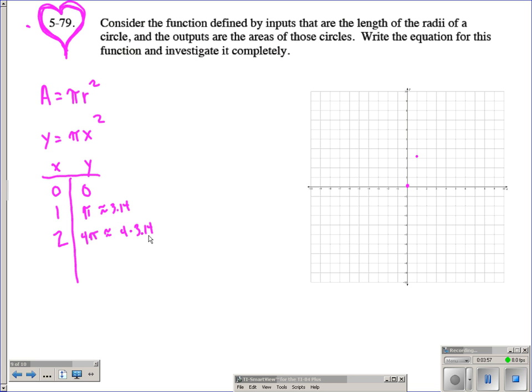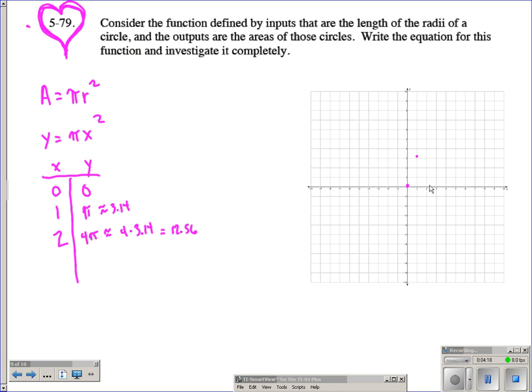Well, 4 times 0.14 is about 0.56, so this should be about 12.56. I checked it on the calculator already. Okay, so let's plot that one.